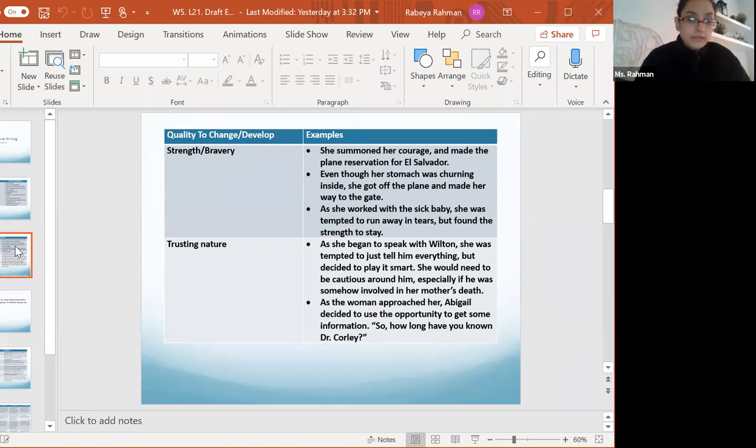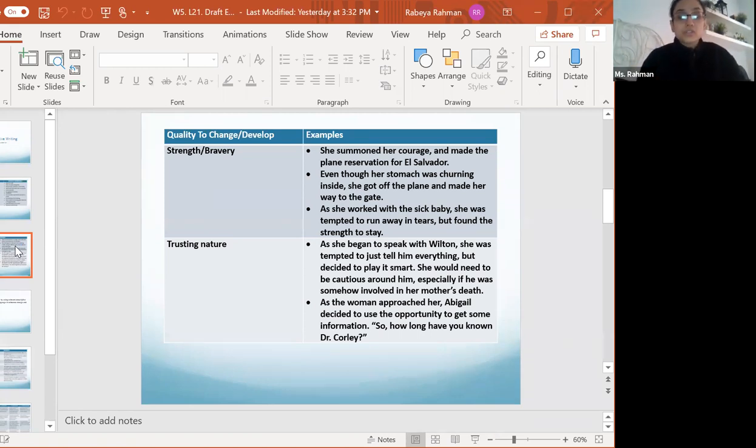So now let's jump through here where I can show you examples, in terms of Abigail, of how I can use descriptive details and sensory language to show how Abigail has changed as a person. The qualities to change and develop: I'm going to make her more brave and more strong, right? And this is how I can exemplify this change. She summoned the courage and made the plane reservation for El Salvador. That definitely takes strength and bravery for someone to do.